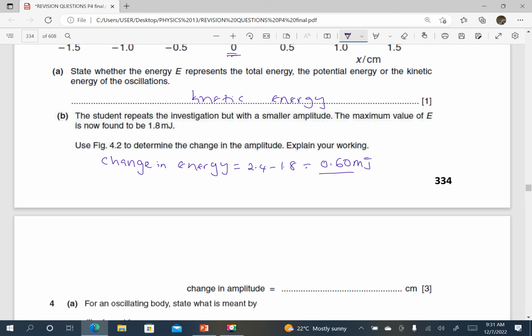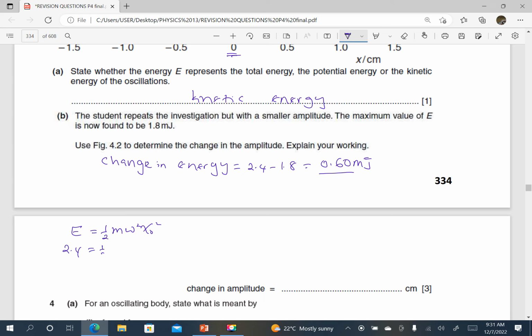So when maximum energy E total is equal to a half m omega squared times x naught squared, when maximum was 2.4 millijoules, I will not change the units here.